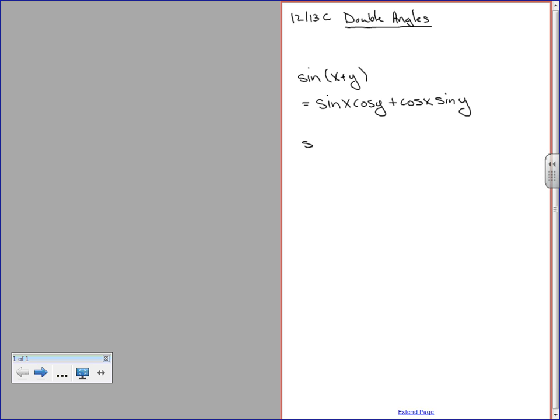So if I use the addition formula for x plus x and expand that, we know that the sine of x plus x is equal to the sine of the first angle times the cosine of the second angle added to the cosine of the first angle times the sine of the second angle. So I have sine x cos x and cos x sine x, the exact same term, just in different order. So that means I have two of them.